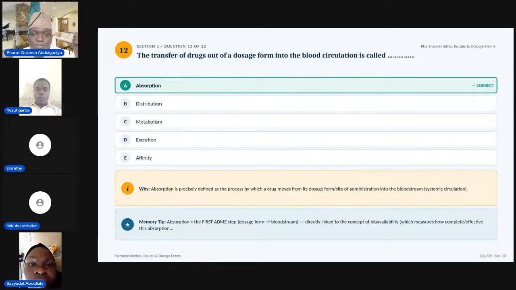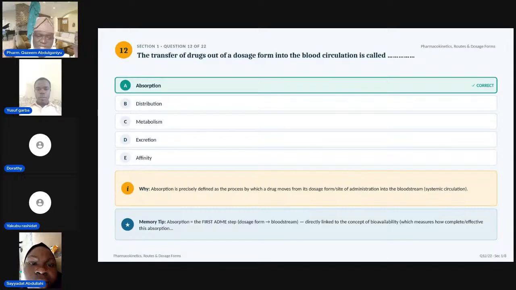So the transfer of a drug out of a dosage form into the bloodstream is called absorption. That's the first process. It's coming from where the drug was and being absorbed into the bloodstream. So that first process that takes it from either the GIT or the site of administration to the bloodstream is absorption.